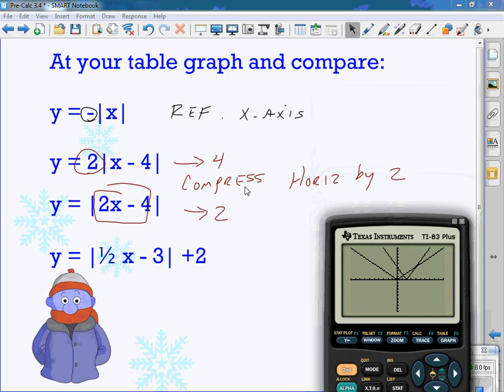It compressed horizontally by 2. It happens the same for both. If the number's out front, it just messes with it horizontally and vertically. If it's on the inside and it's attached to the variable, it messes with the compression aspect or the stretching aspect and how it's shifted. Yes?